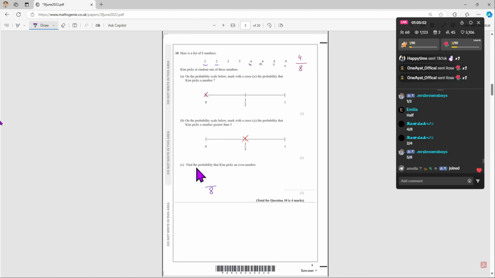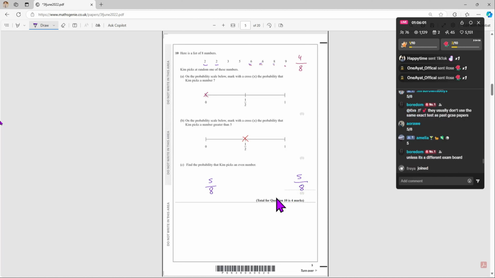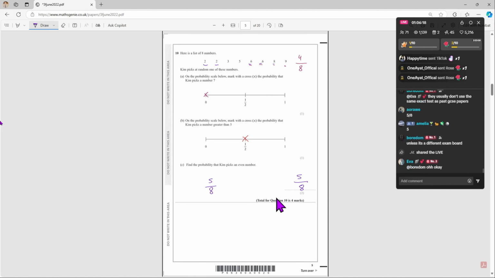So our probability is going to be 5 over 8. Easy peasy. So let's move on to question number 11 then.